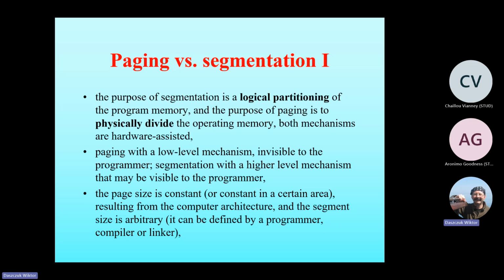So the second mechanism is rather to run large programs in small memory. However, using both mechanisms, we can organize virtual memory. That means we can use more memory than is physically installed.